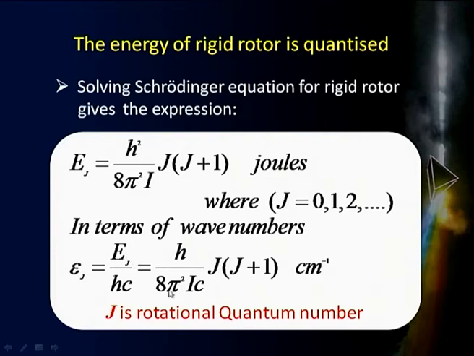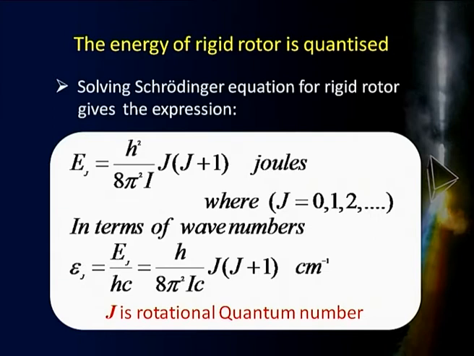If you divide by h c, that comes out in centimeter inverse. Basically, I am just converting the units from joules to centimeter inverse. So, for microwave spectroscopy, normally this expression is used more often. So, what we get is epsilon j equal to h by 8 pi square I c, into j into j plus 1, and as I said earlier, j is a rotational quantum number.